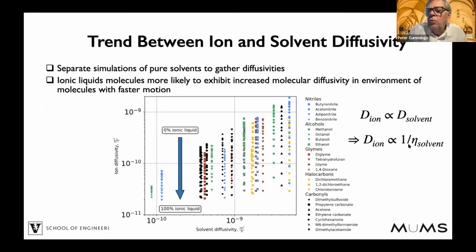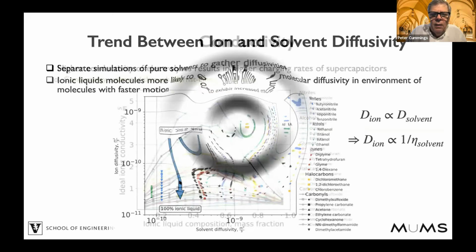This is something that you would expect based on Stokes-Einstein, at least in the dilute regime, these points here. But in fact, this correlation is taking place over all concentration regimes.